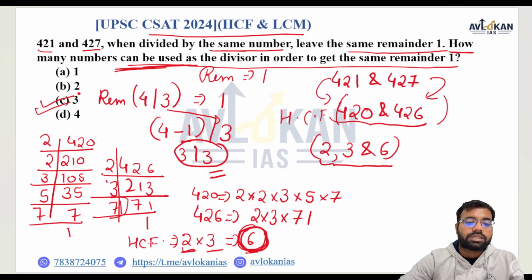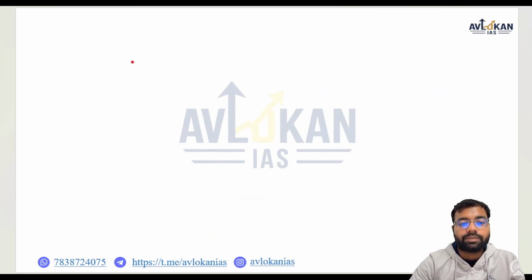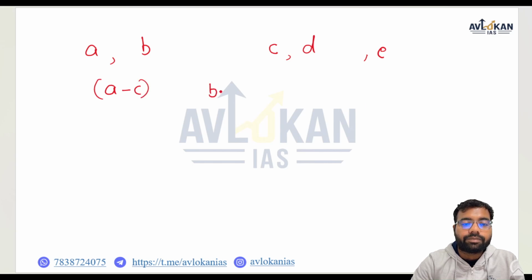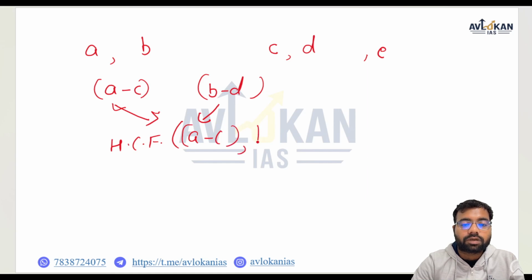Okay, this was the concept for HCF. Whenever we are asked a question in which we are given numbers A and B, and told that they leave remainders C and D on dividing by a number E, in that case we simply subtract C from A and D from B, and these two give us the numbers which are completely divisible by E. So the HCF of A minus C, comma, B minus D must be a multiple of E, right?